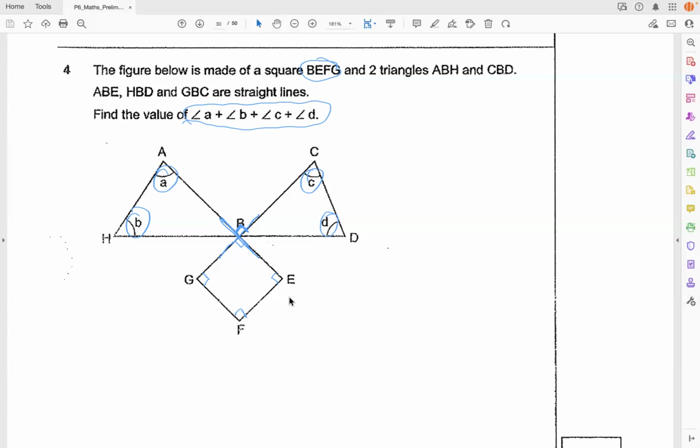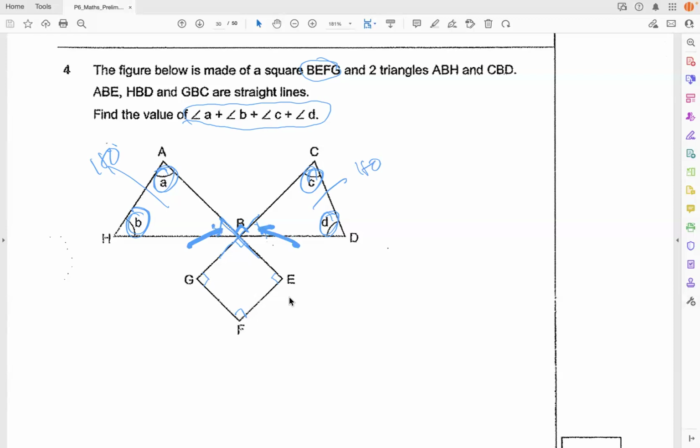So now coming back to this question. Angles inside a triangle add up to 180 degrees. So A plus B plus this angle is 180 degrees. C plus D plus this angle is 180 degrees. Correct. So all I need to do to find A, B, C, D is to find this 180, this 180, and find what these two angles are.